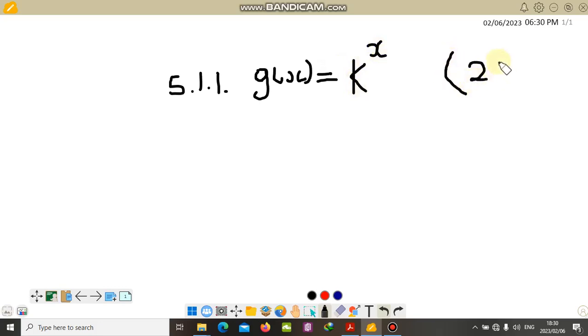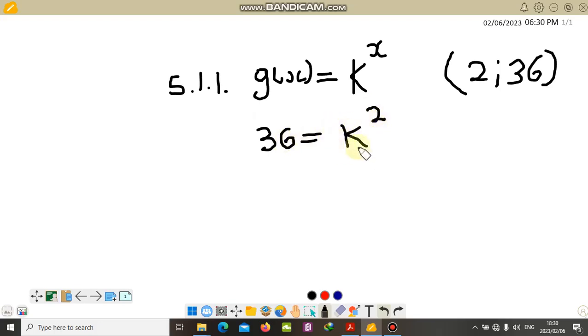We'll use the coordinate given, 2 and 36. So now we need to substitute the values of this coordinate into the equation to solve for k. So we'll say 36 is equal to k to the power of 2.